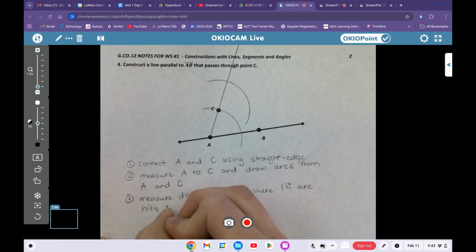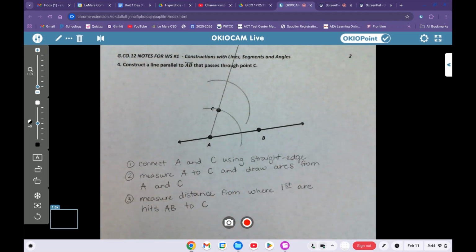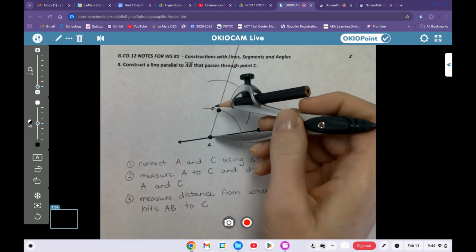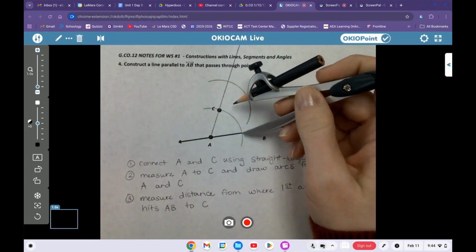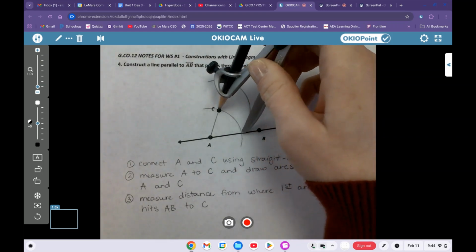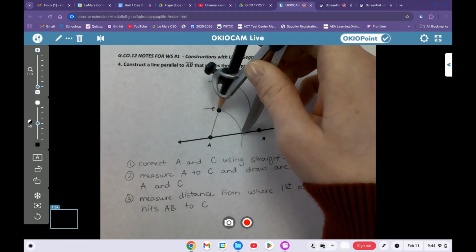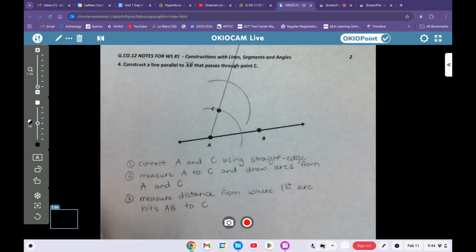So I'm just going to say hits AB to C, which should be really similar to this measurement that we have here. But I'm going to put my pointer down here where this arc that I drew intersects, and I'm going to connect it up to C. So I'm just checking to make sure that that measurement looks the same, which it does. So I don't really have to change my compass too much here. I'm just checking and verifying that that's the same there.